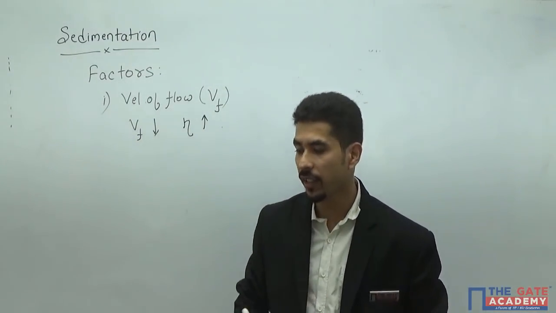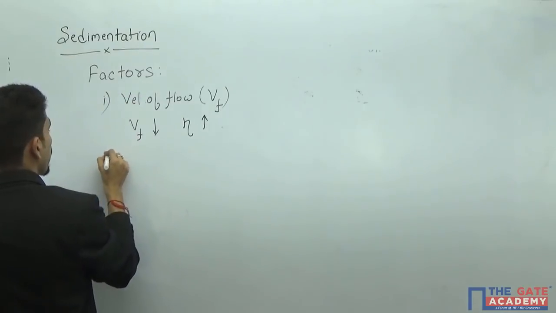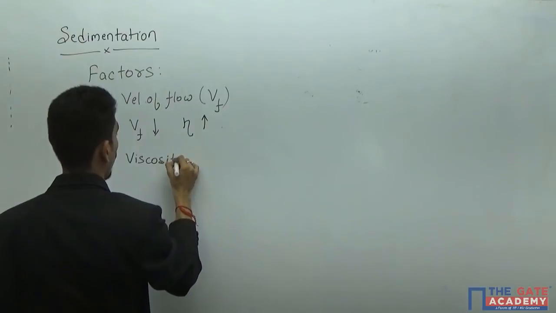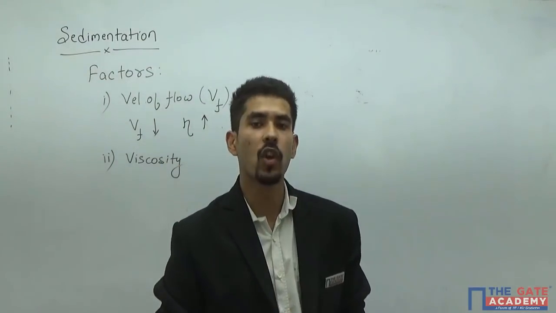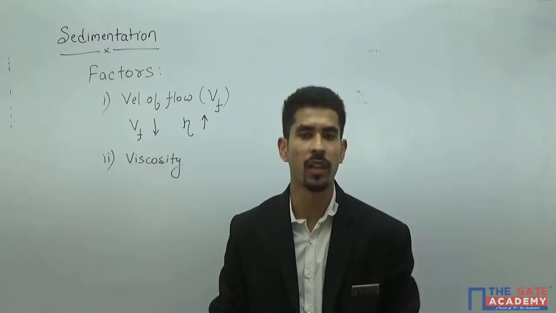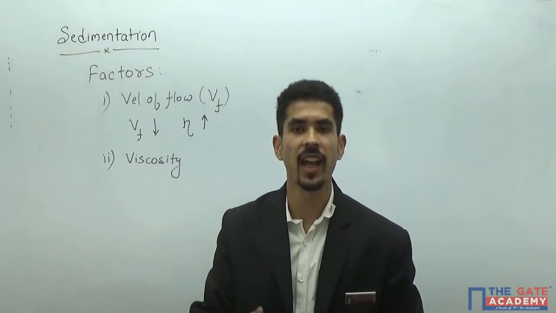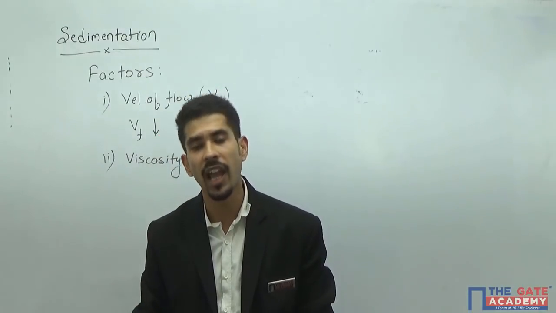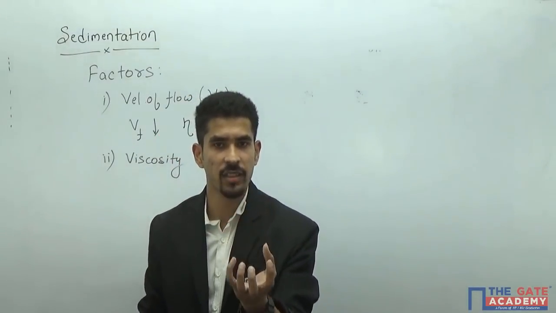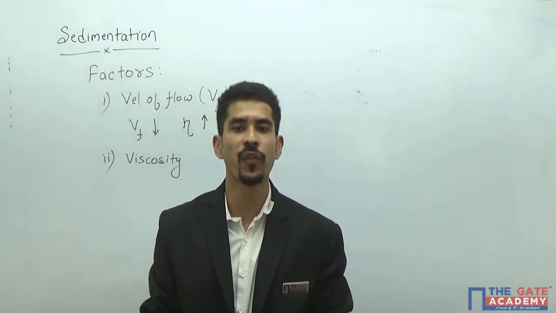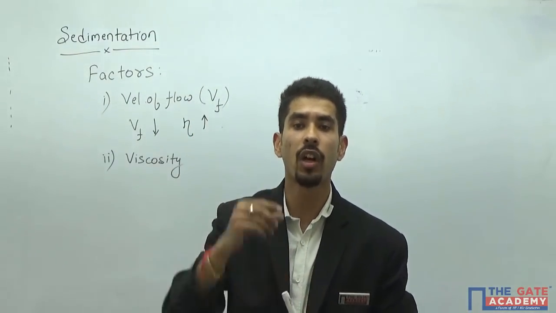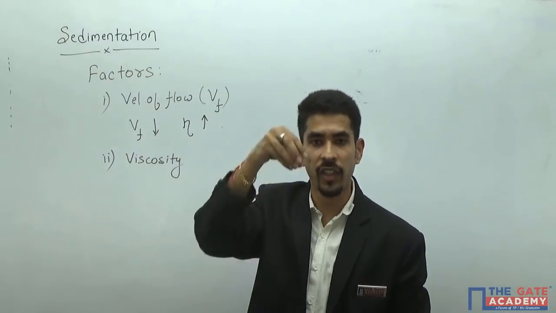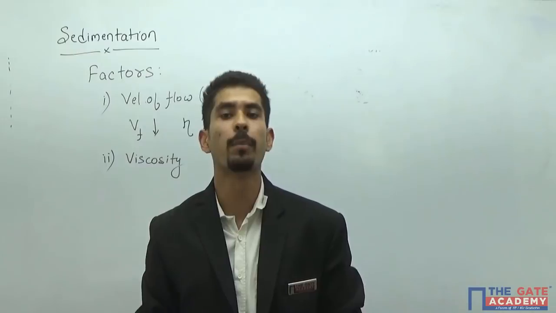The second factor is viscosity. If the viscosity of a fluid is more, let us take an example of honey. If you leave a particle in honey, what will happen? It will not just settle down. There will be a viscous force which will resist the motion of that dipping particle. So if your viscosity is high, it will resist the motion of your particle.